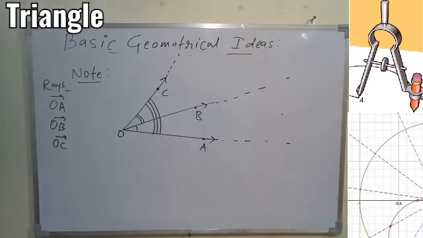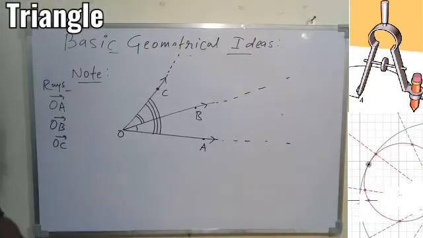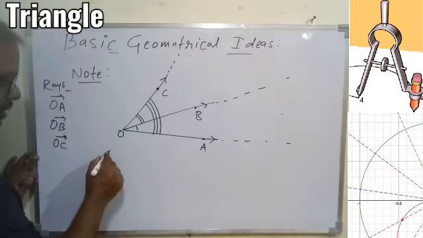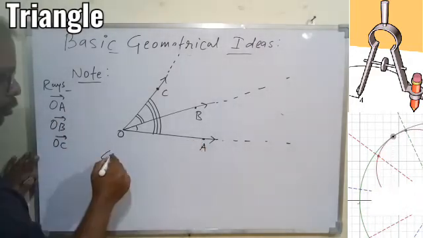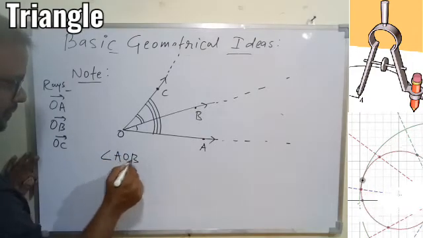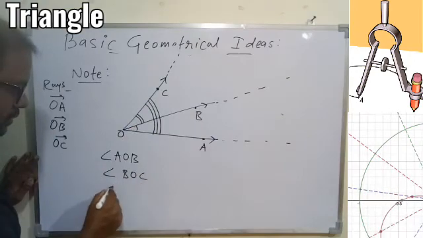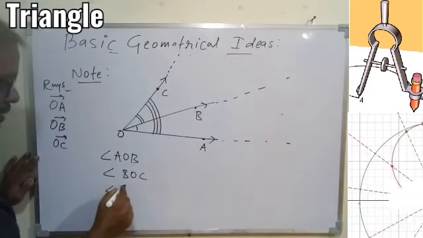So if three rays have a common point, you are able to see three different angles. The first angle we can write as AOB, the second angle as BOC, and the third angle as AOC.